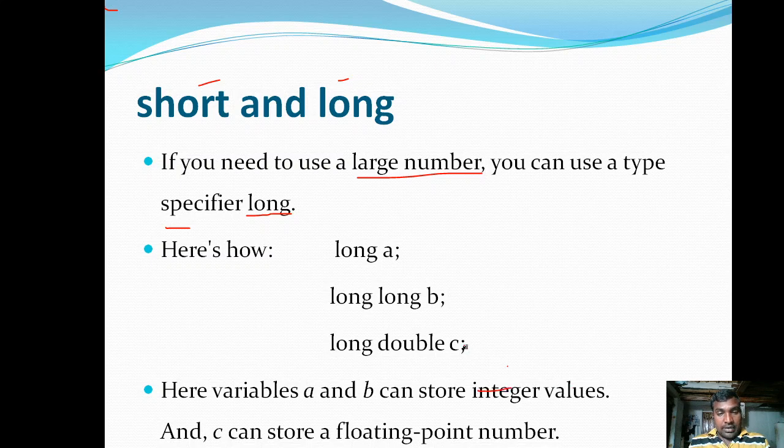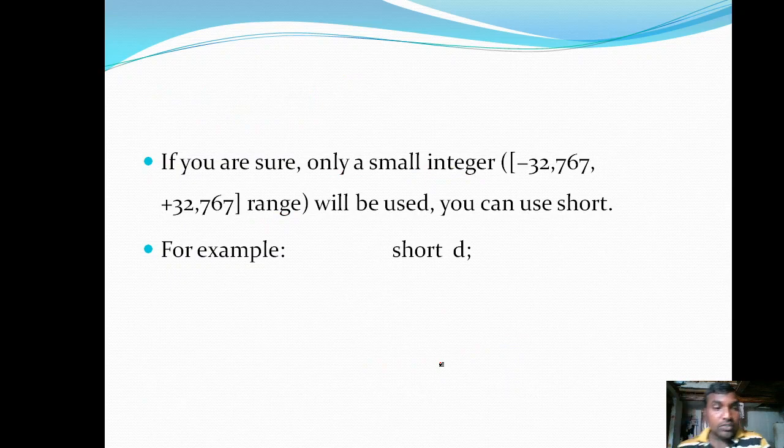Long double c means c is a variable that can store a floating point number. So a and b are variables of long integer type, and long double c can store only a floating point number. If you are sure that only a small integer will be used, you can use short.